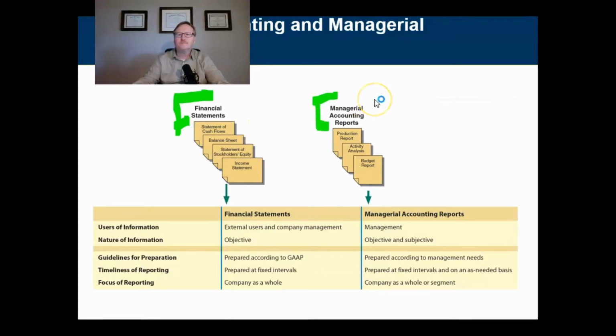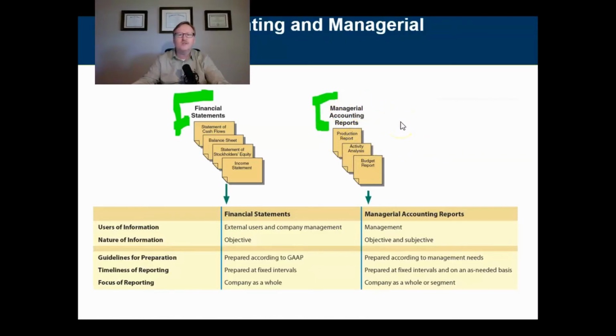Okay. So managerial accounting reports, well, we talked about the budget. Now, you don't have to have a budget, but it's a great idea to have one. And in one of your chapters in managerial accounting, you go in depth into budgeting. Activity analysis, production reports, these are all kinds of things. Lots of different types of reports.